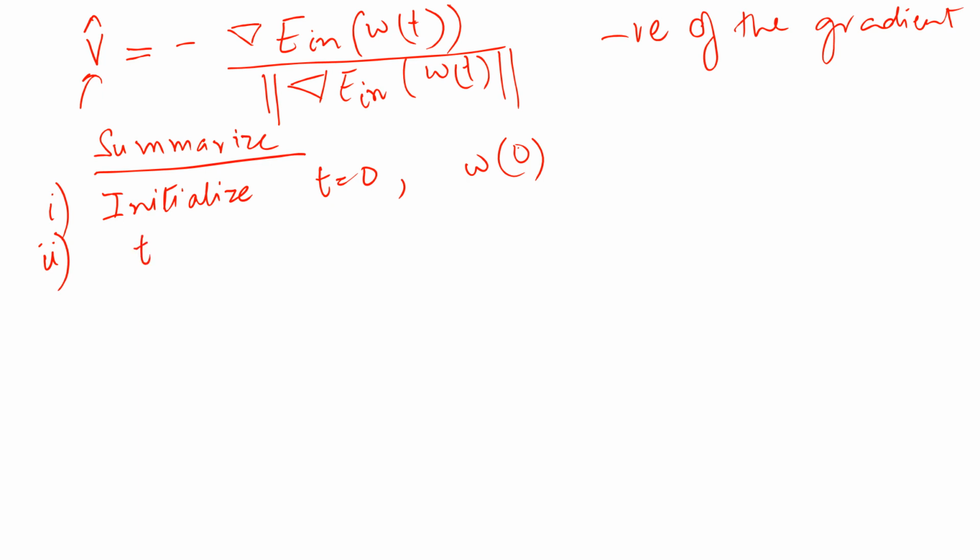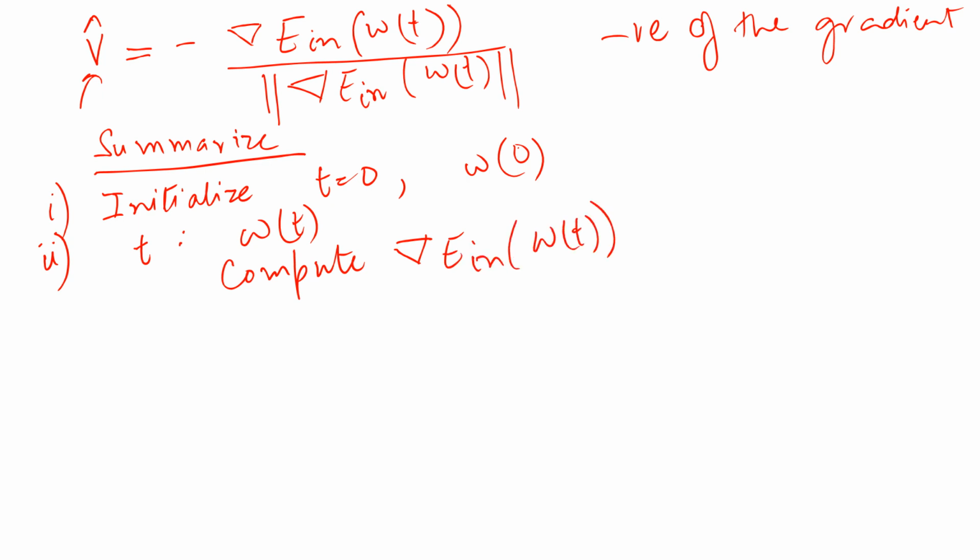So let's say at the t-th iteration, my weight is W_t. What I need to do is compute the gradient first, at these weights W_t. And then do the update rule, which was W_(t+1) equals W_t minus, because the negative sign comes from here, eta times, if you remember, the V hat.